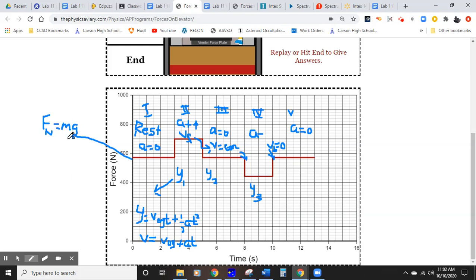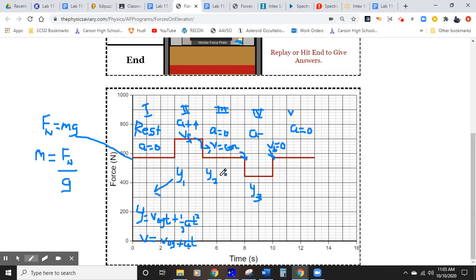So to figure out the mass from whatever this weight is here, the person's mass is going to be Fn divided by g, acceleration due to gravity. And I think you're on the Earth here, so that's the mass. So this is what you need to do in this region here.